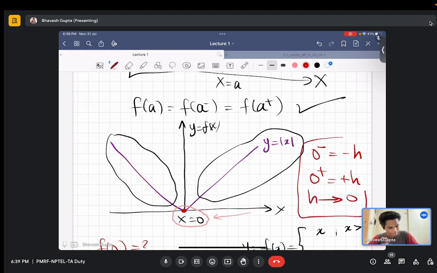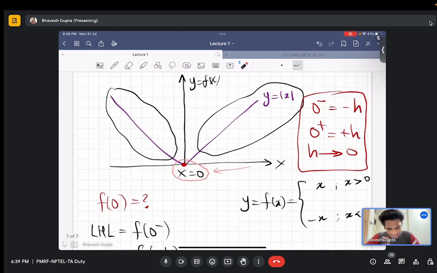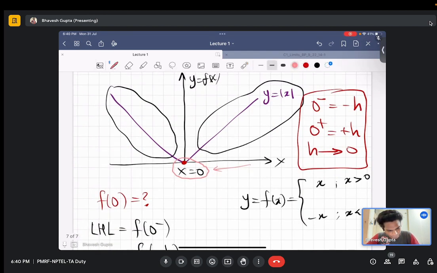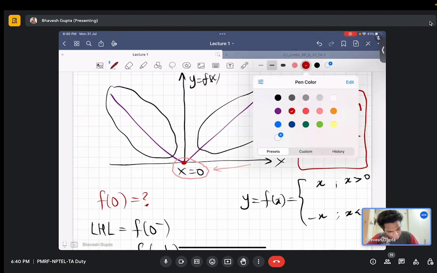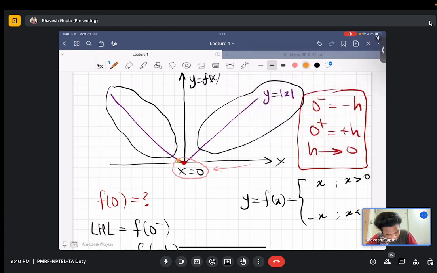Hopefully you understand this arrow thing: h right arrow to 0 means h is very close to 0. It's a positive thing, very close to 0. So this is how you can understand the behavior over here and over here.